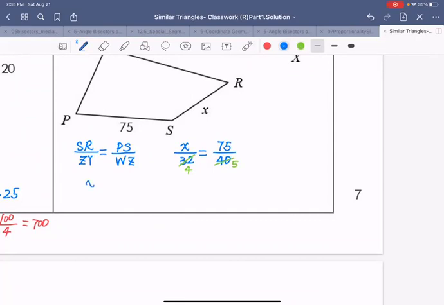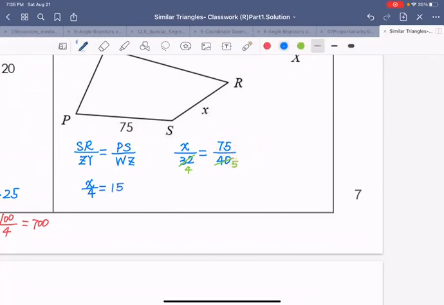So x over 4 equals 75 over 5, which is how much? 75 divided by 5 equals 15. Yes.